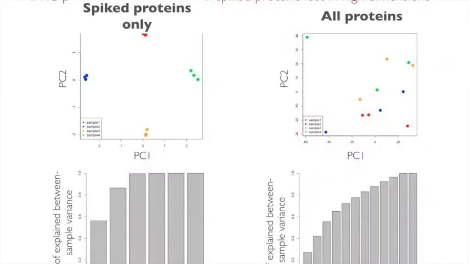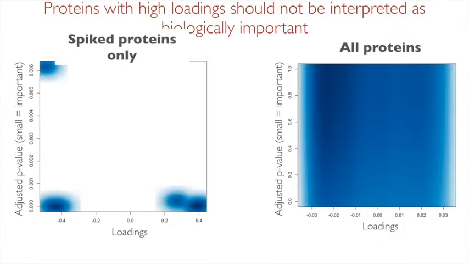Okay, and the very last thing. I just wanted to talk about the loadings, and how the loadings relate to p-values, and essentially to emphasize that high loadings don't necessarily mean important proteins in any way. So as a thought experiment, I plotted the loadings on the x-axis and adjusted p-value on the y-axis.